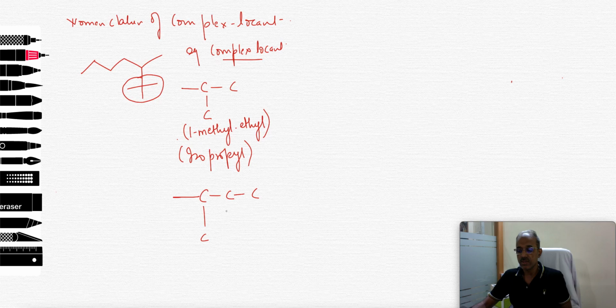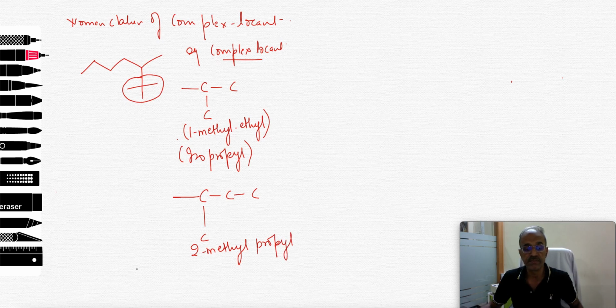Now this is known as 2-methyl propyl. 2-methyl propyl. This is known as secondary butyl. Secondary butyl. Secondary butyl on the secondary butyl. Fine.